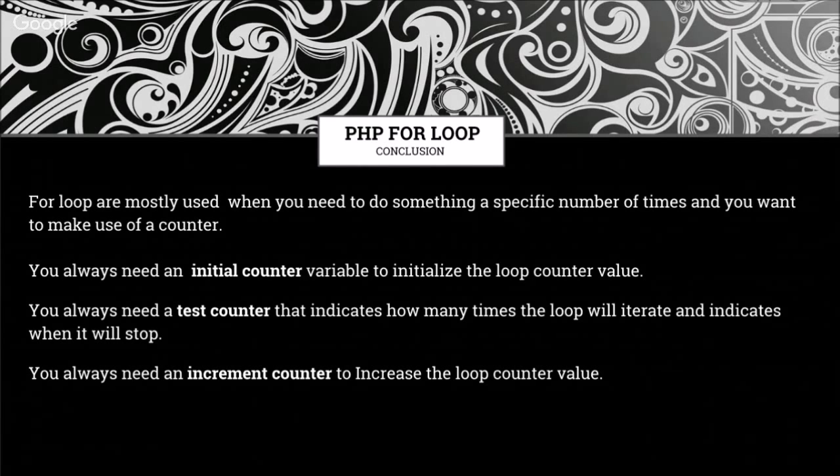It can be 0, it can be 2, whatever you want, but you always need that initial counter. And then you need the statement, the validation, I would say, which is the test counter. That's going to tell you how far you want that loop to go. And then of course your increment counter, so that it can iterate and increment in units.